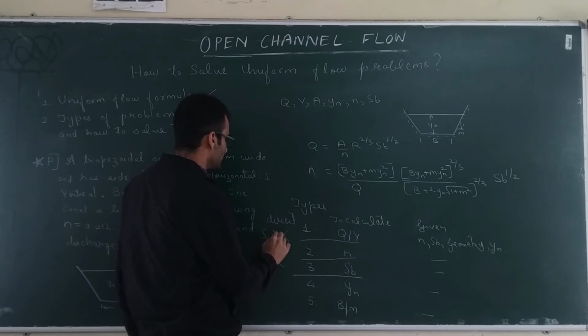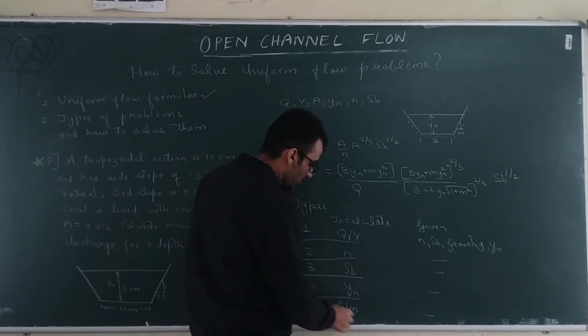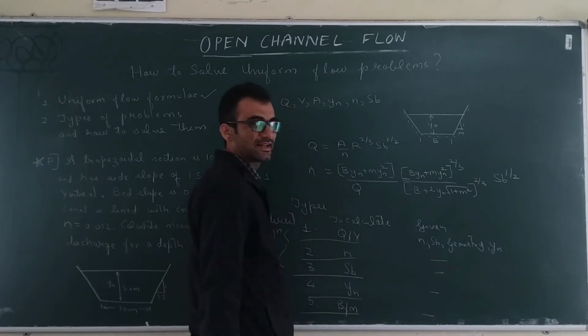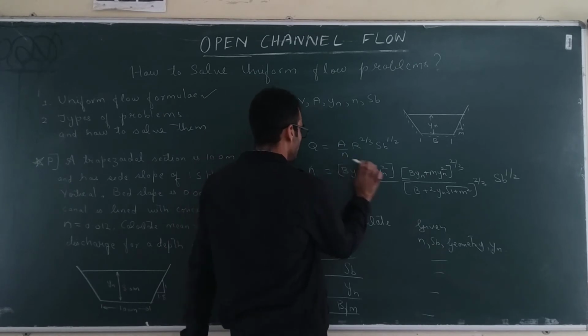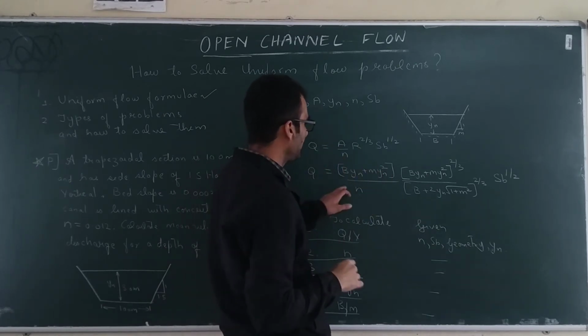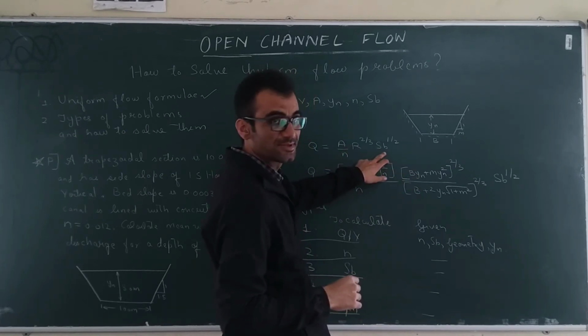But if you need to calculate the normal depth or any geometrical properties, then in both these cases we don't have a direct solution. See, our initial formula is what? Q equal to 1 by N, A R to the power 2 by 3, SB to the power 1 by 2.